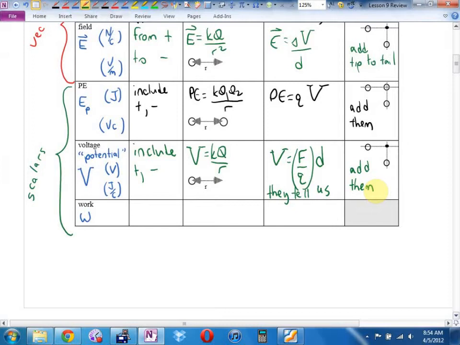Work. For work, we also include the plus and the minus signs. Now, for all of these, we'll almost always be going work equals change in potential plus change in kinetic.